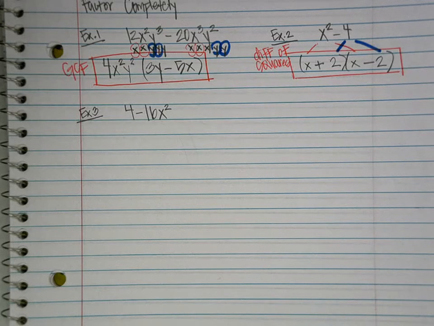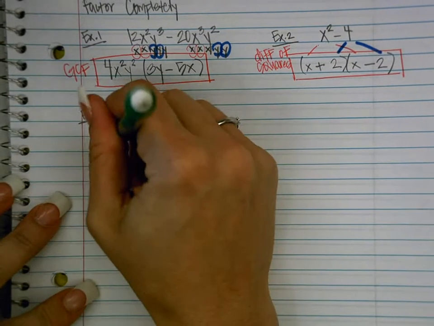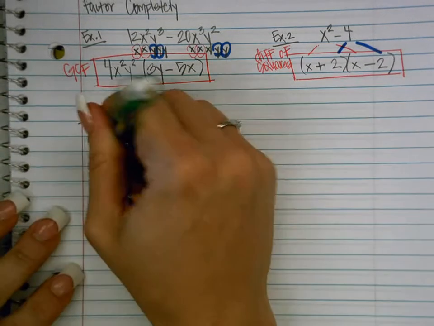GCF. A lot of people say difference of squares, but first you always want to look for GCF. Does this have a greatest common factor? Yeah. What is the GCF? 4. So yes, you do have to do GCF first.